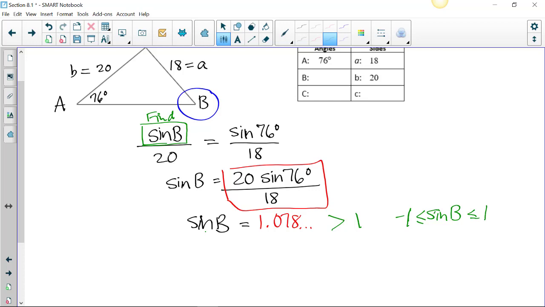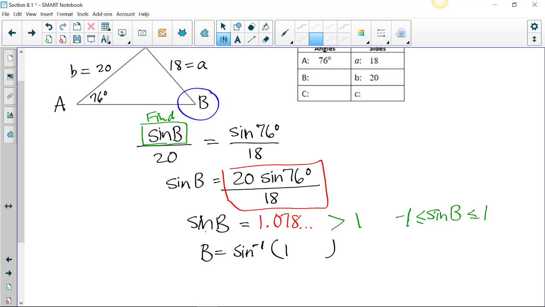The range is from -1 to +1. So this is not possible, which you would then find out if you put that in your calculator, if you did the inverse sine. If you said, okay, I'm going to let the calculator tell me angle B that has that sine. So you can put this decimal in, or you could have put this exact expression in.